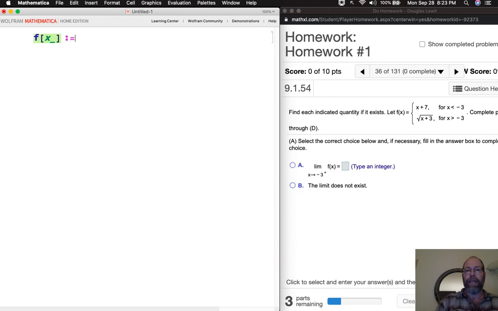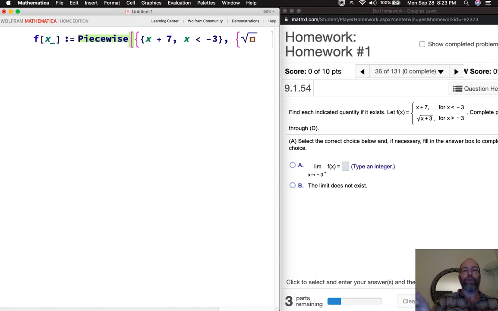It's a piecewise function, and it's defined as x plus 7 when x is less than -3. The square root, control 2 gives me the square root.